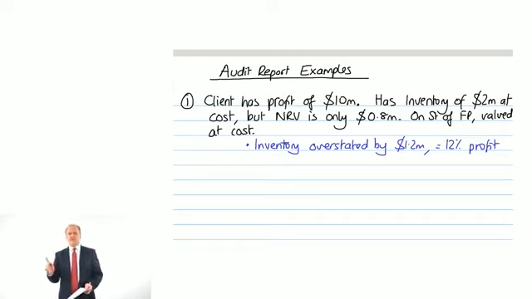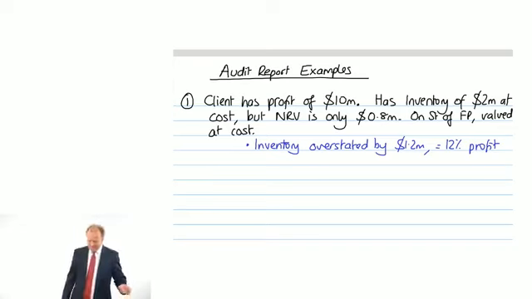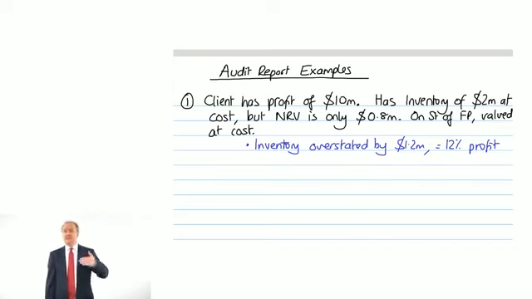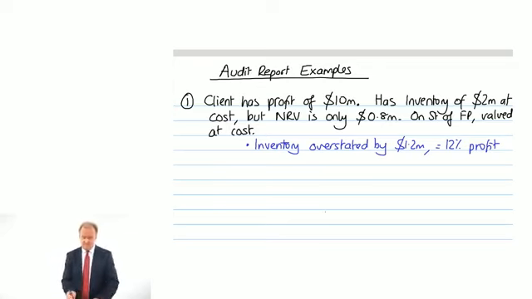Now, I don't know if you remember this way back in chapter 3, when we looked at materiality, we start to say something is material if it's at least 5% of profit. 12 is bigger than 5. And therefore, this is a material misstatement.